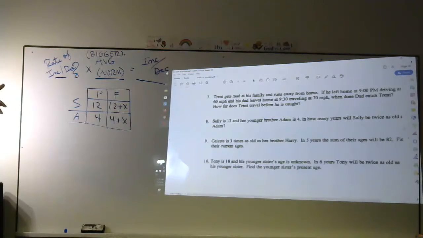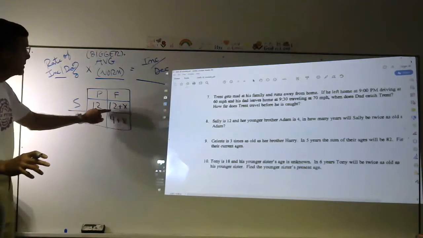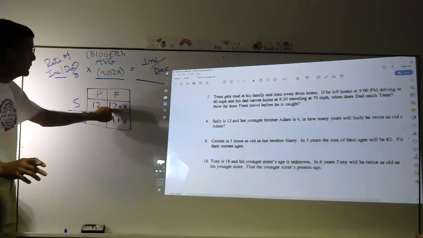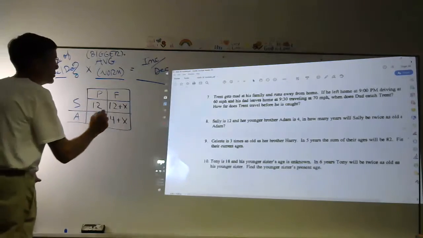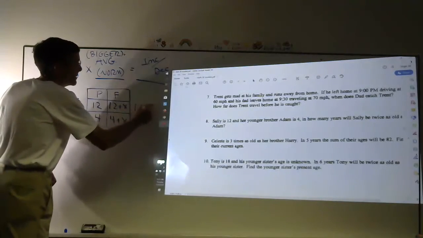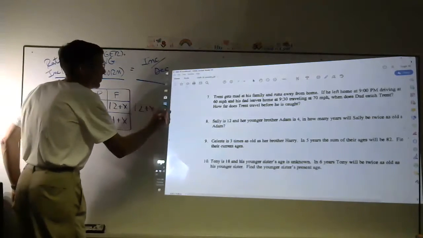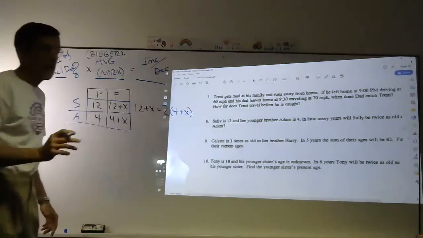In how many years, in the future, will Sally's age be twice Adam's? Sally's age, 12 plus X, equals twice Adam's, twice times 4 plus X. Think about that.